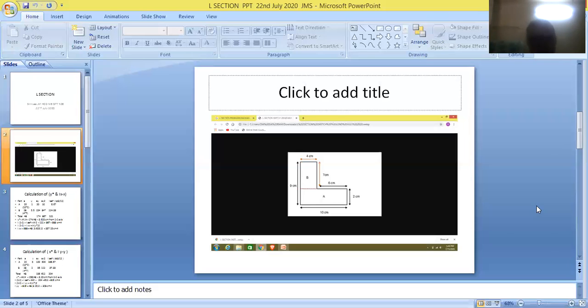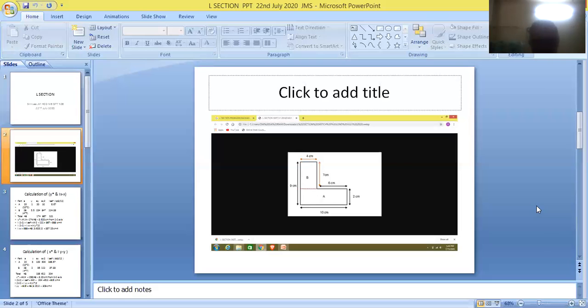Another component is placed in vertical position on top of the bottom flange. This is denoted by capital B as shown in the figure, and it is referred to as the web of the section.